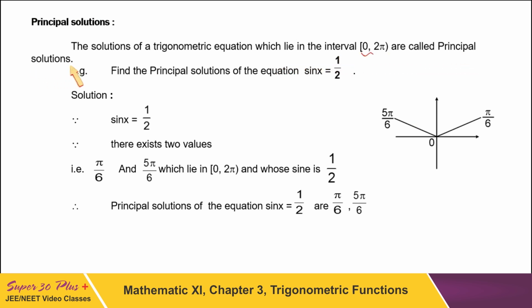Keep in mind, here 0 to 2 pi is open. Here is an example. Find the principal solution of the equation sin x is equal to half. There are two values, pi by 6 and 5 pi by 6, which lie between 0 to 2 pi. That's why we can say that the principal solutions of the equation sin x is equal to half are pi by 6, 5 pi by 6.